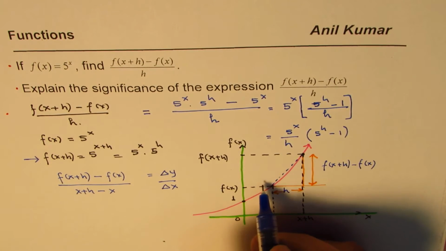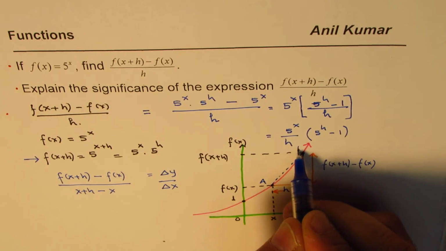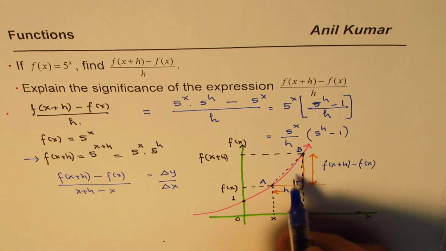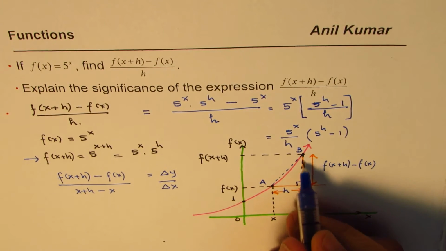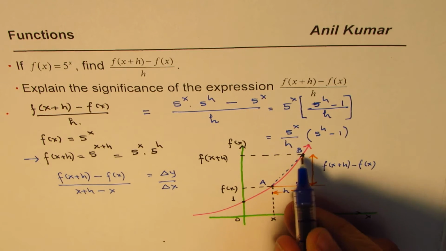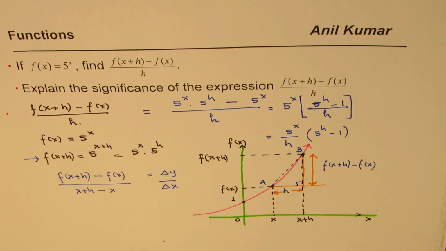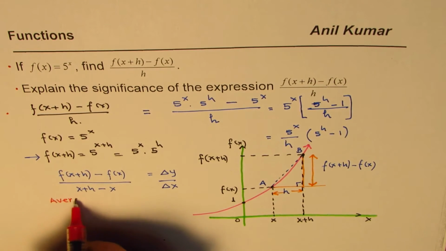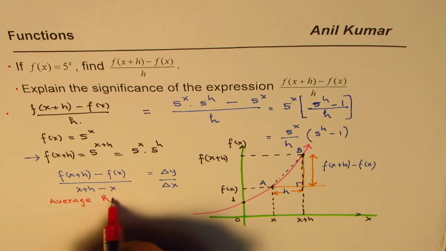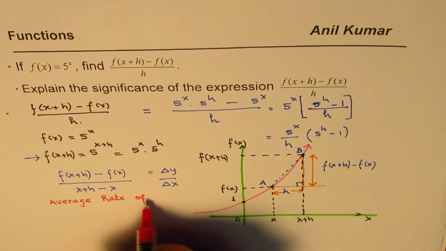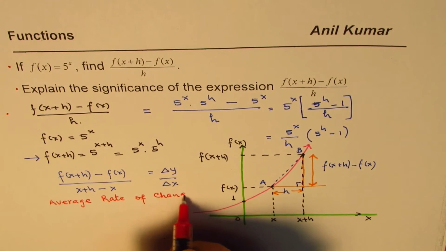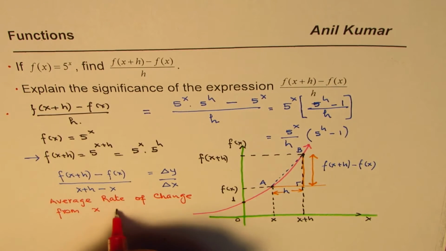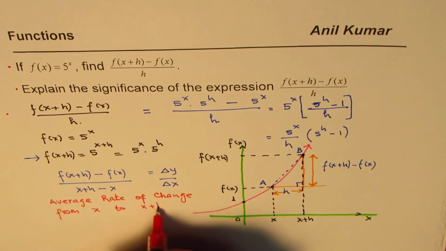So it represents, let's say this point is A, this point is B. It represents the hypotenuse of this right triangle, which is actually rise over run. Do you see that, rise over run? So it represents the average rate of change from x to x plus h, right?